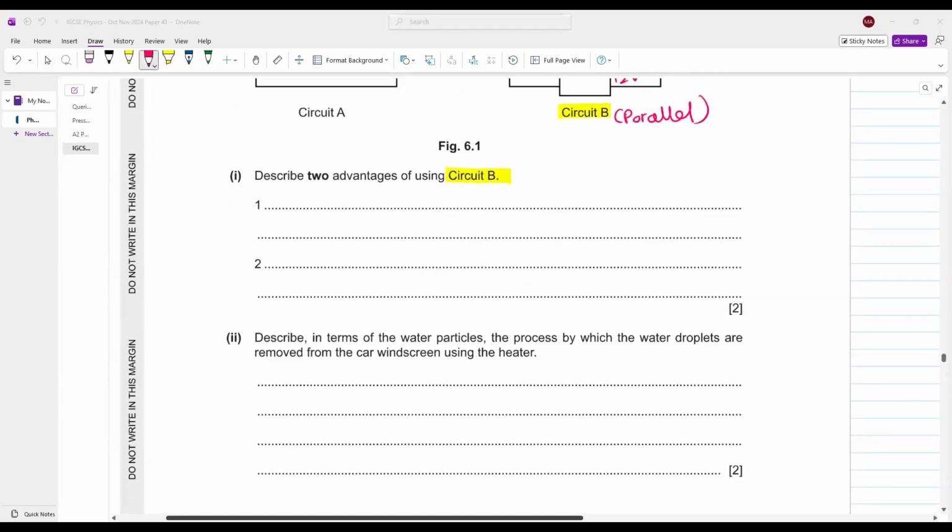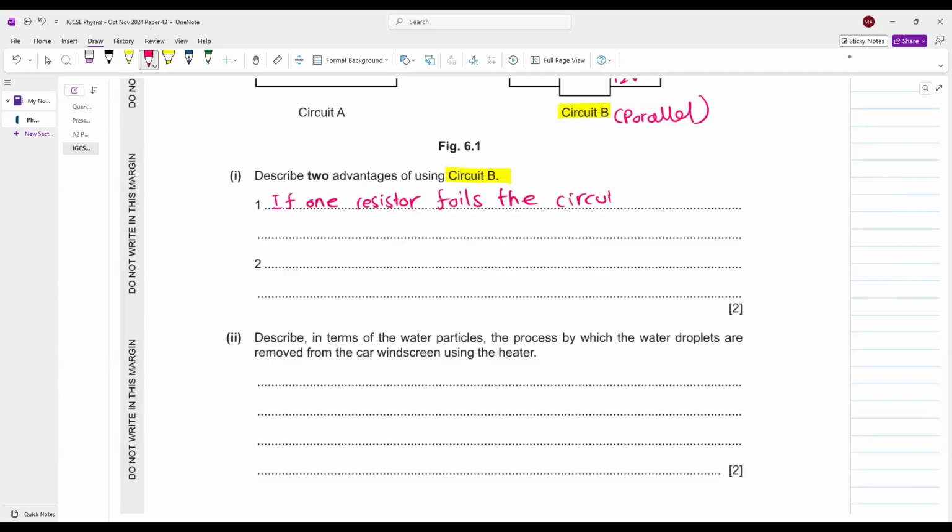You can say in circuit B, even if one resistor fails, the circuit keeps on working. What will be the second advantage?